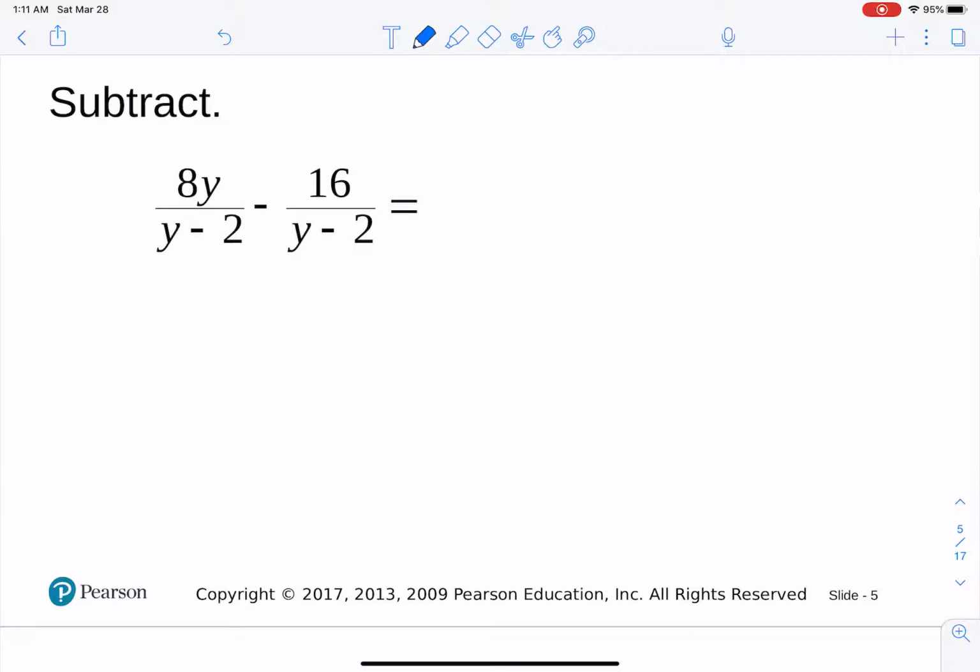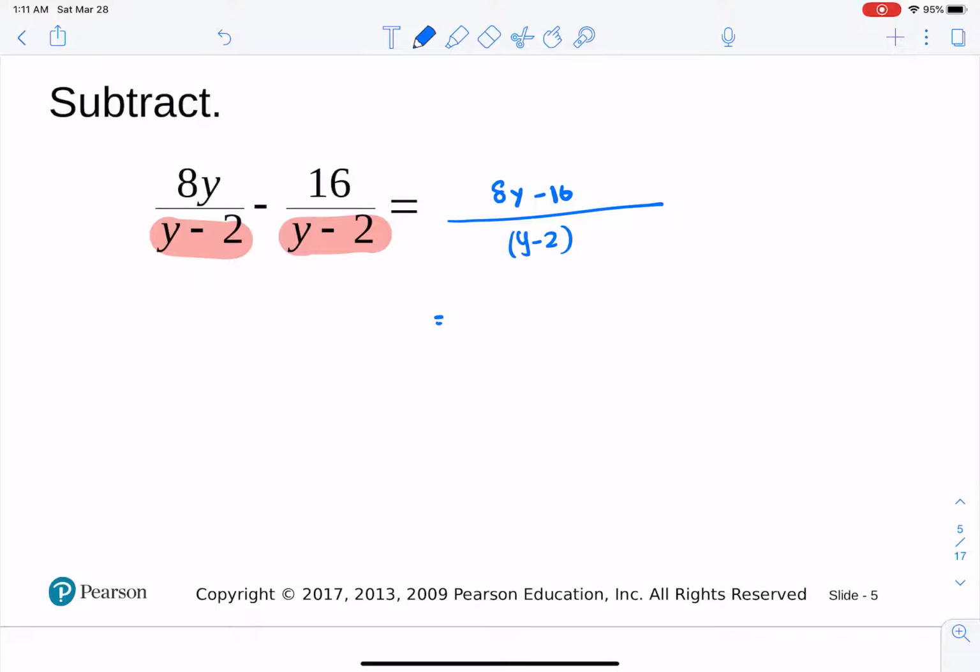This problem is on subtraction, but we still have a common denominator, which would simply imply we put the common denominator, y minus 2, and simply combine the numerators, which is 8y minus 16. You should always ask the question, if you can simplify.